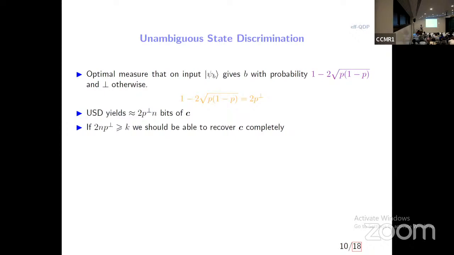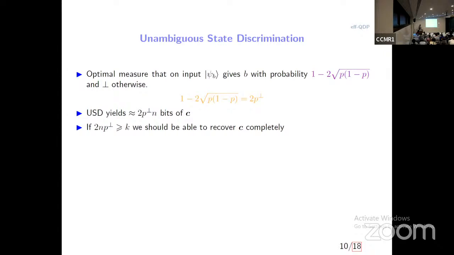By performing this unambiguous state discrimination on each position of the whole state, you get about 2 P perpendicular times n bits of c. And if this number of bits is more than the dimension of the code, of course, you can solve it and you get the whole codeword. Easy, just solving a linear system. So this problem can be solved quantumly in polynomial time as long as this condition is met.